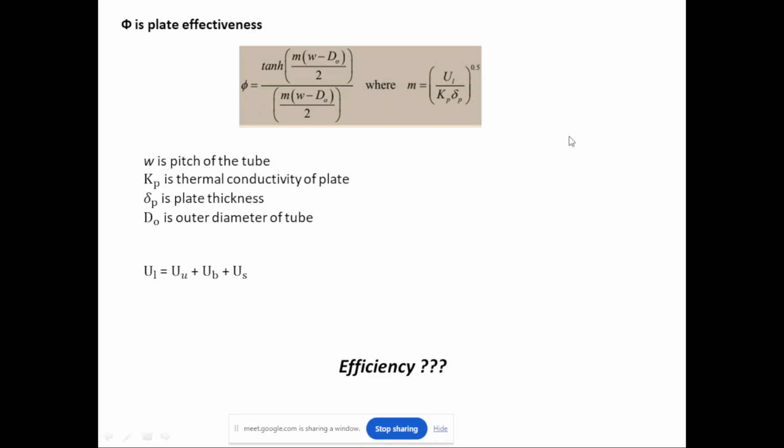UL is your heat loss coefficient, Kp is the thermal conductivity of the plate, delta P is your plate thickness, and D naught is the outer diameter of the tube. It's not always necessary that the UL value will be exactly given to you as such. It can be expressed as a function of UT plus UB plus US.